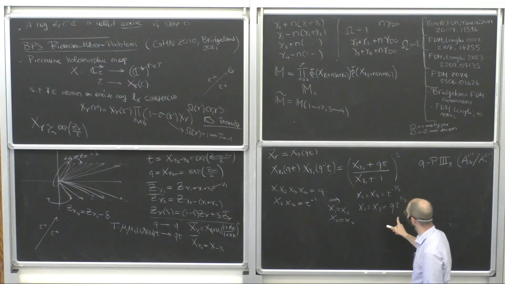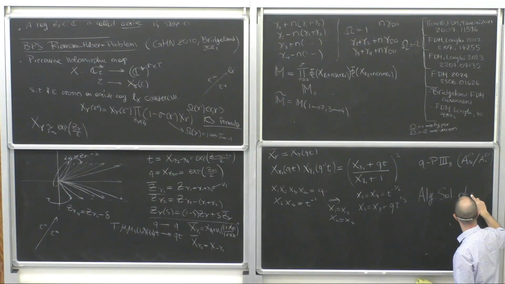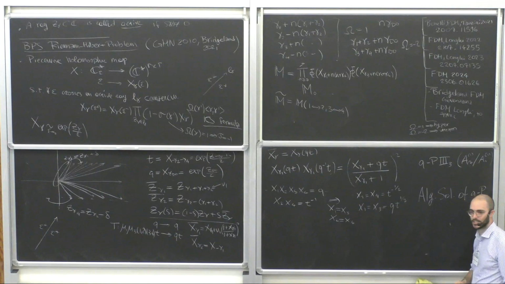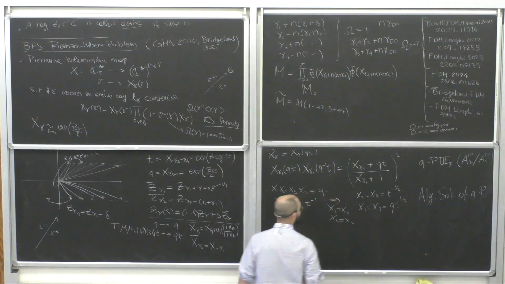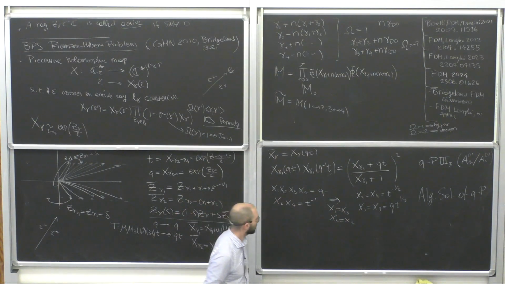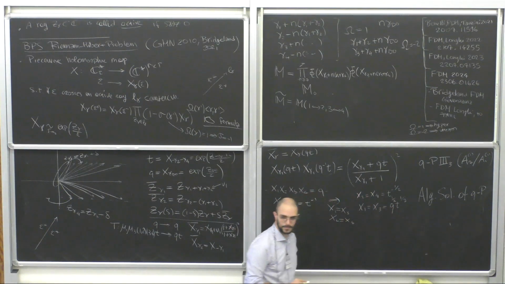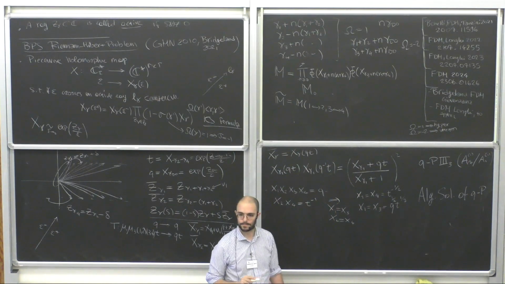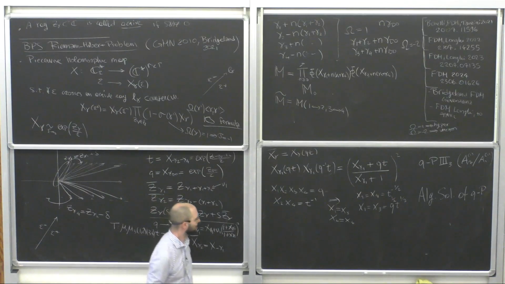But this is also the algebraic solution of this Q-Painlevé equation. It's the simplest solution that you can find for this Q-Painlevé equation. There might be some power wrong, but you get the gist of it.